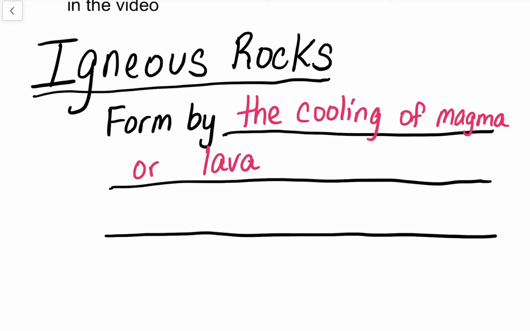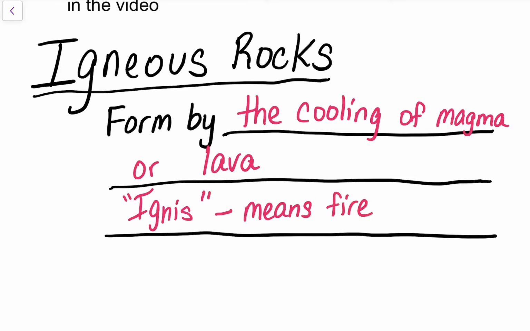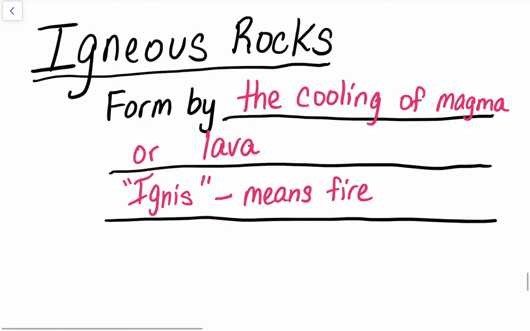The word igneous means fire, so that's one way you can remember igneous rocks form from the cooling of magma or lava related to a volcano. Igneous means fire, kind of like an igniter. If you ignite a fire, you start a fire.